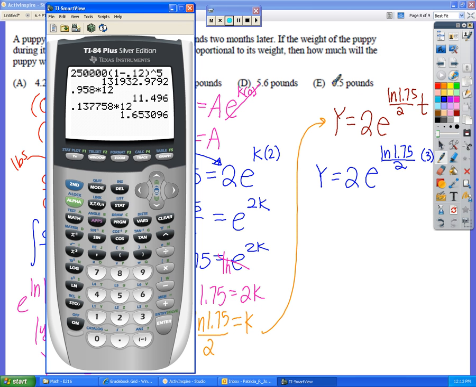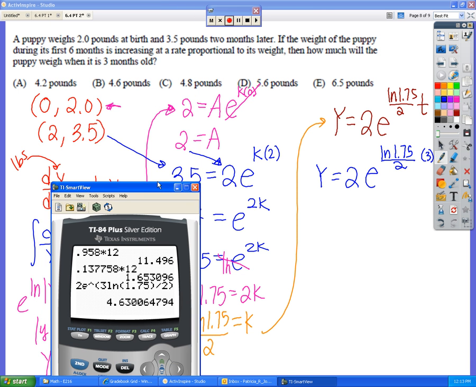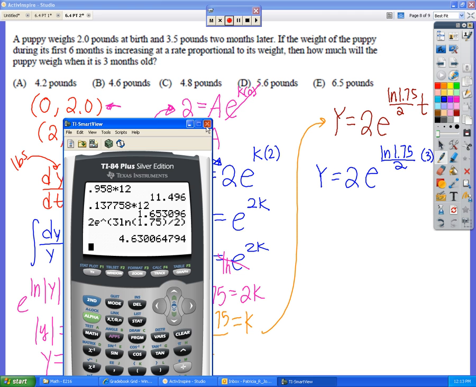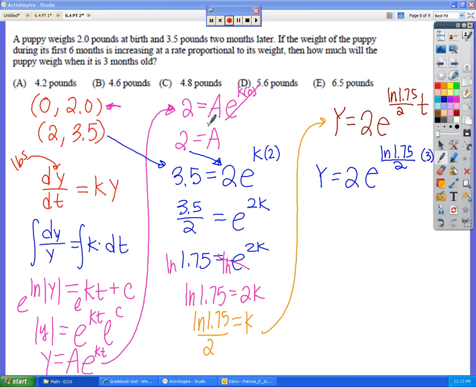We end up with 2e, it's going to be fun, to the, and I think I'm going to put the 3 in front, 3 ln of 1.75 divided by 2. And there should be 2 sets of parentheses, and hopefully I did that correctly. Enter 4.63. Which would be 4.6 pounds. So letter B.